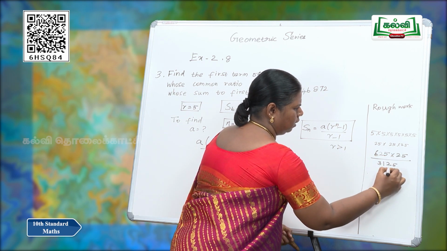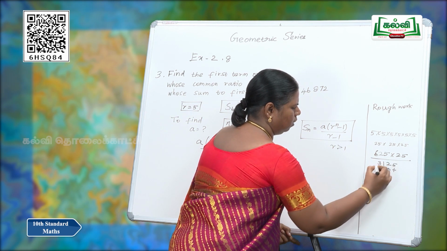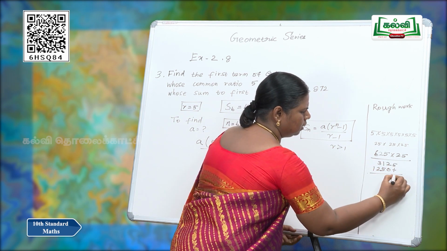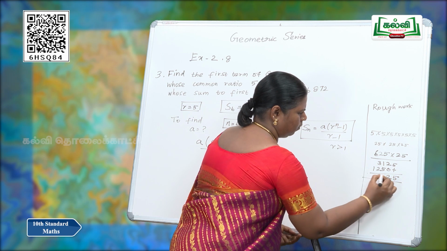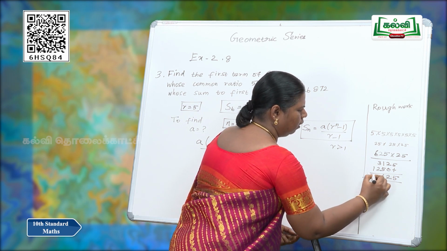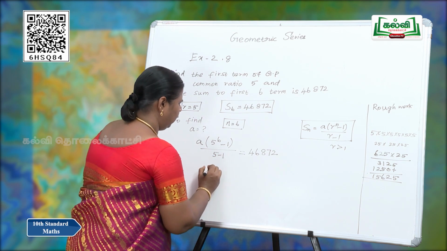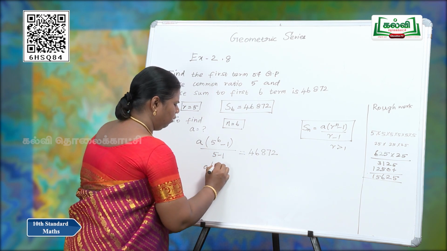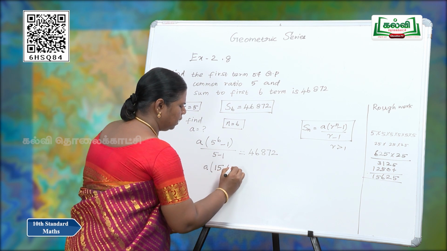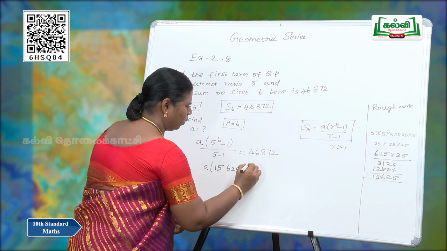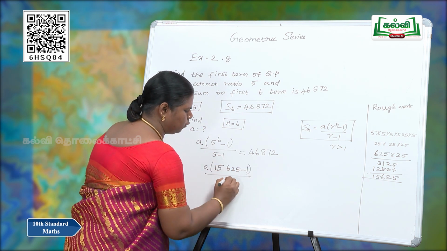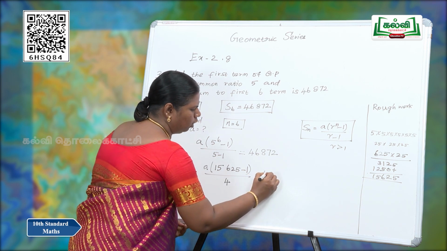The answer is 15,625. A into 15,625 minus 1 by 5 minus 1 is 4, is equal to 46,872.